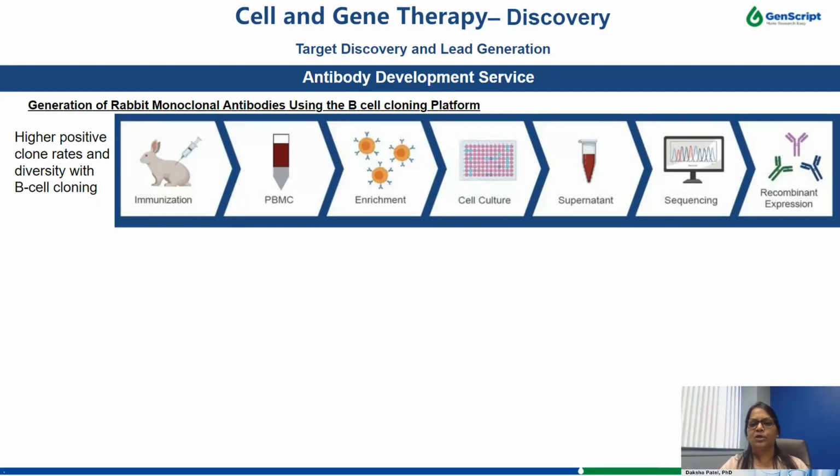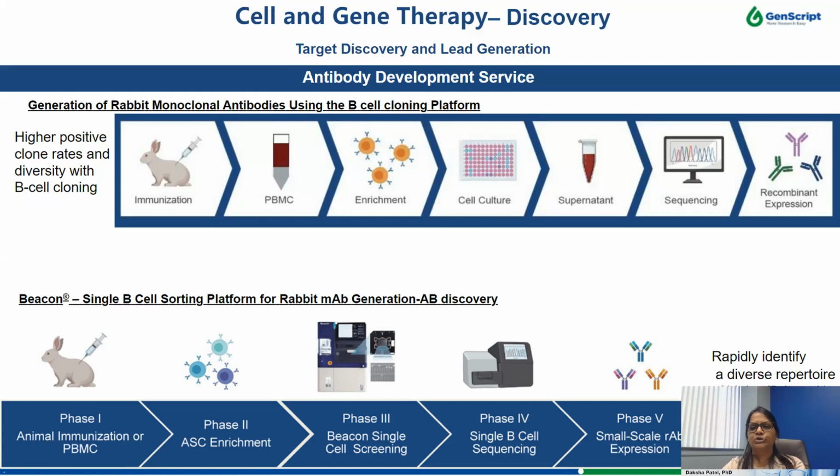One is a B-cell cloning platform, which has a high diversity and high success rate, and the Beacon single B-cell high throughput platform, which allows isolation, screening, and evaluation of antibody within 1 day. And both platforms are useful for generating custom antibodies for development and monitoring of CAR T cell therapy.